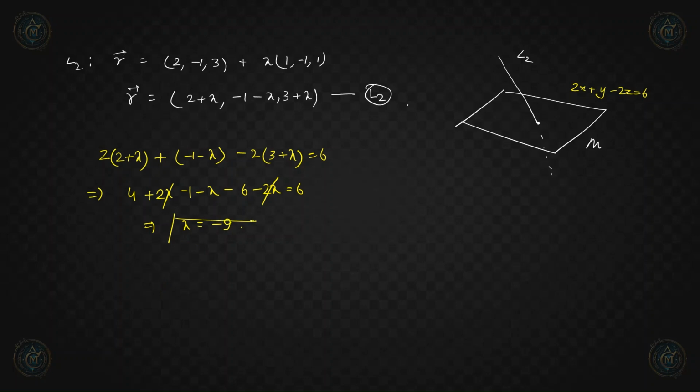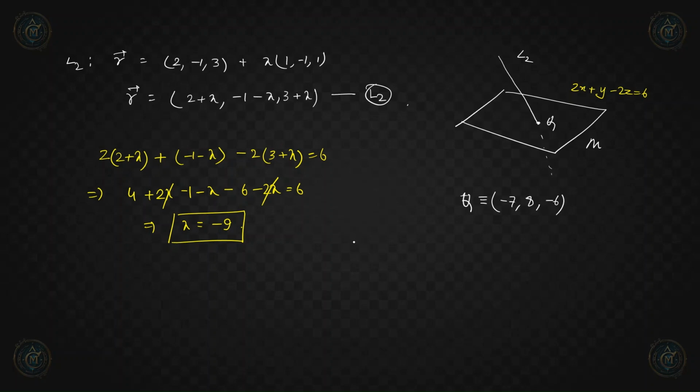So we can determine this point Q. This Q point will be 2 + lambda, that means -7. Then we have -1 + 9, so 8. Then we have 3 - 9, so -6.